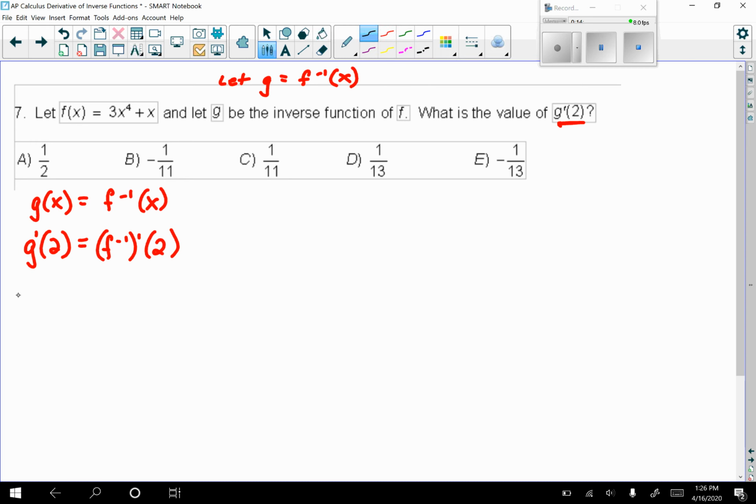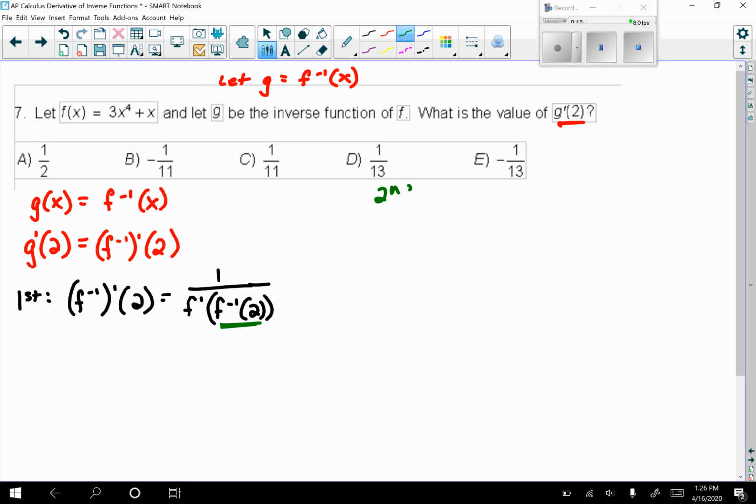All right, so our first step, we're going to say that the derivative of the inverse of 2 is going to become 1 over f prime of the inverse of f of 2. So like our last problem, we need to first figure out what the inverse of f of 2 is.